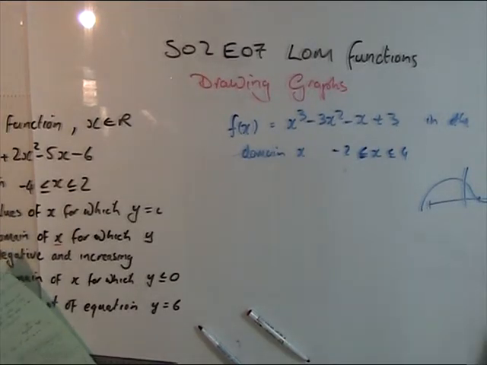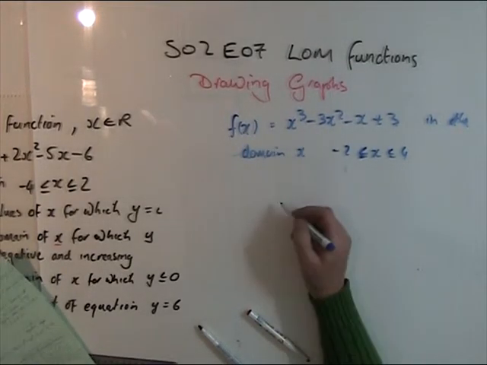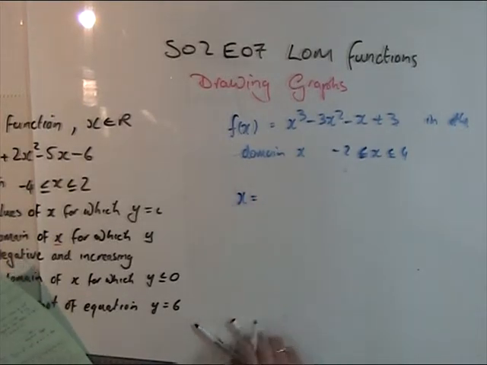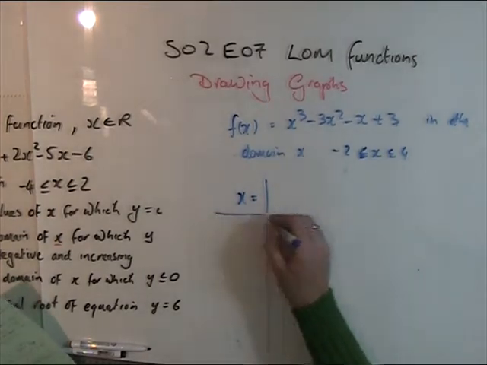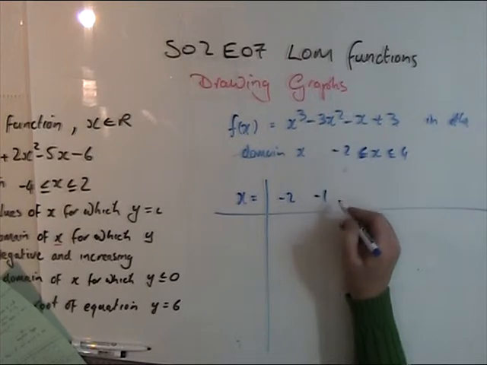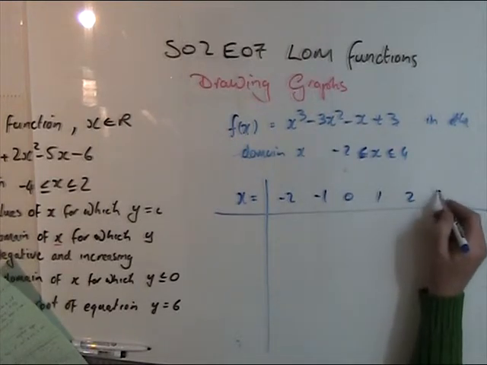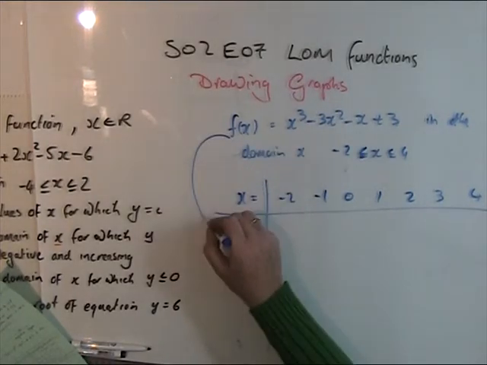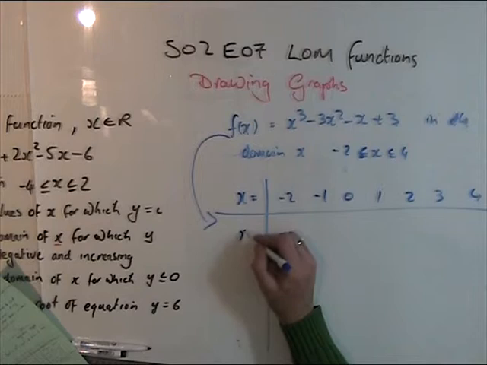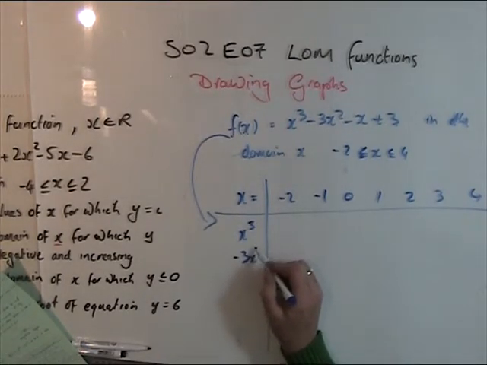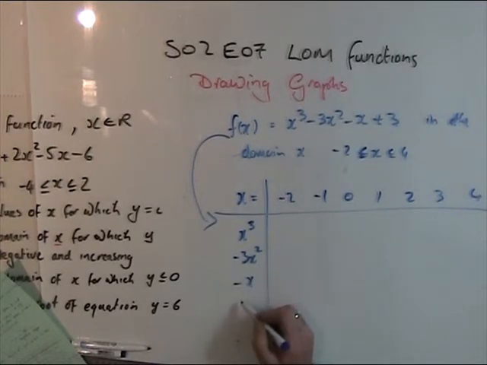Okay? So what we do is we can put them in a table form, which maybe we should do to start. If I'm putting in my values, I'm going to put them into a table form. I'm going to do a couple of it and you're going to finish it for me. So I can start with minus 2, minus 1, 0, 1, 2, 3, 4, and I put down my f of x, my formula: x cubed minus 3x squared minus x plus 3.